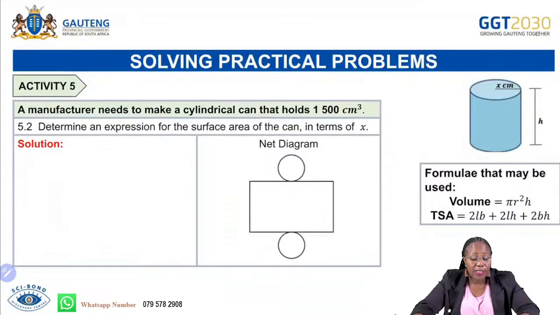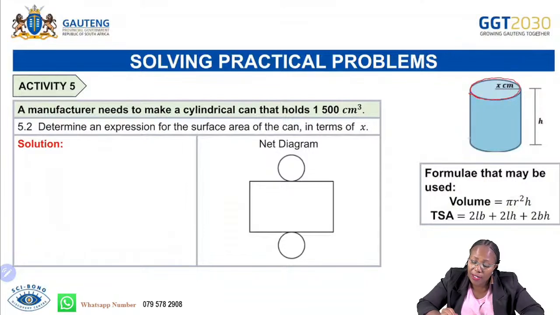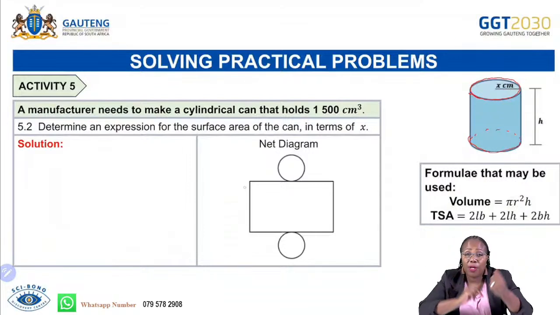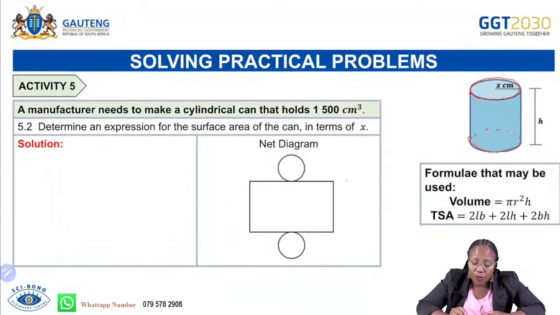5.2. Determine an expression for the surface area of the can in terms of x now. So now if you look at the can, if we take this can and cut off here, because when we talk surface area, we need a flat area. So we cut also the bottom part. We will end up with the rectangular part in the middle as you are unfolding that, and then the circle on top and at the bottom of your can as indicated there.